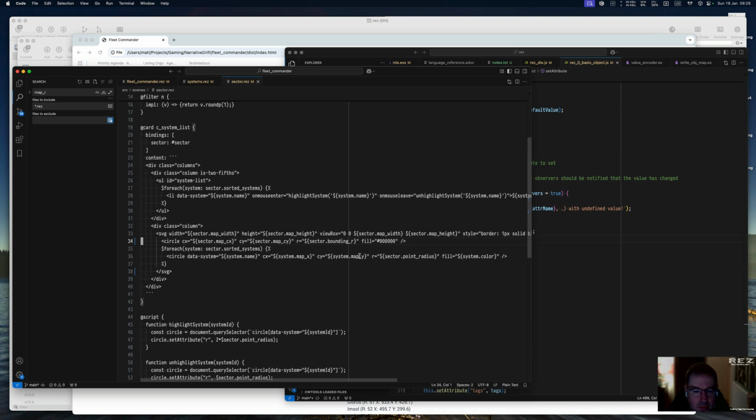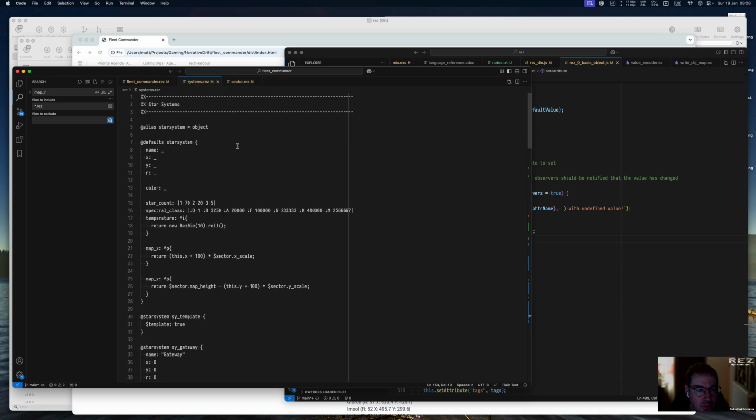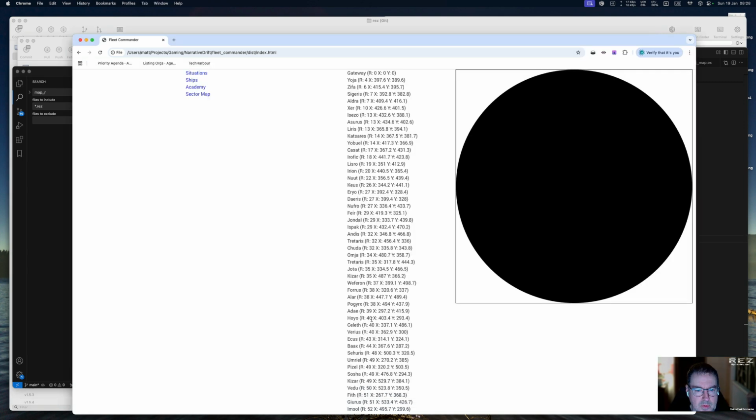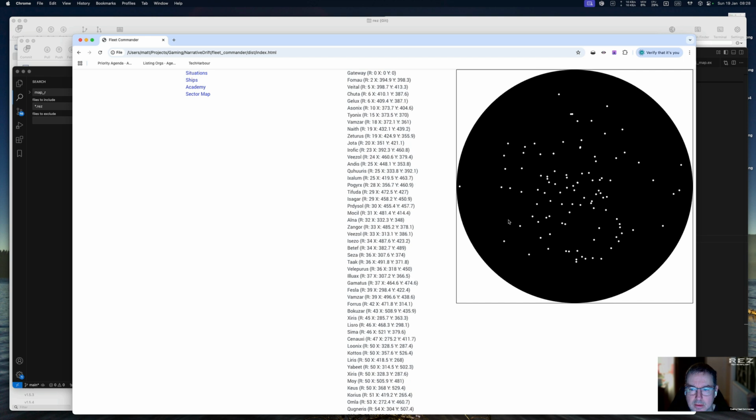So we have map X, map Y. So map X and map Y are wrong. But in fact, now I've fixed that, I think we can just do system.x, system.y. Yeah, there we go. Okay, so that looks more promising.